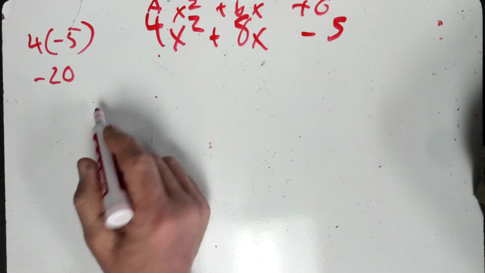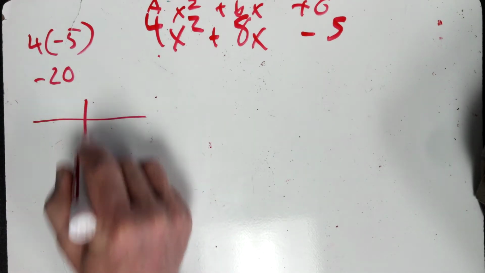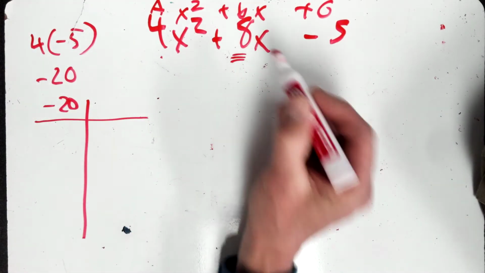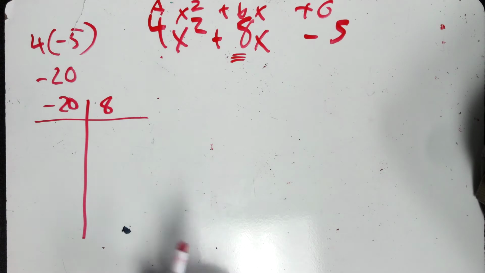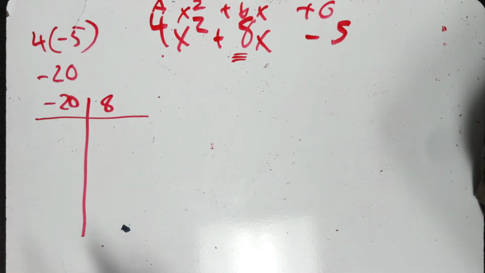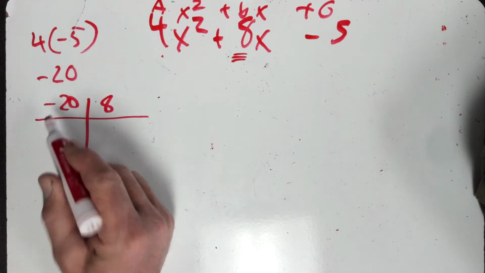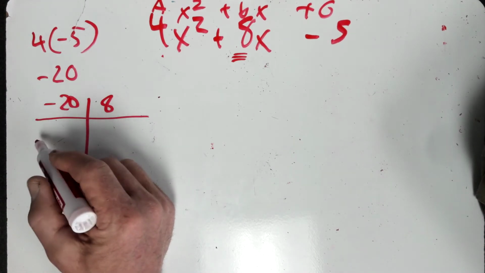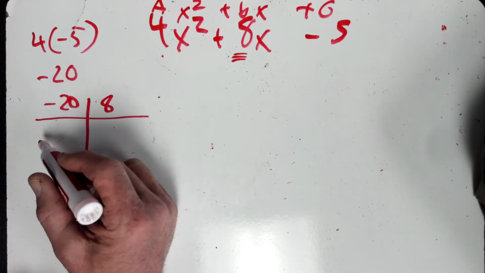Then our job is to find factors of -20 that add to b, so that add to 8. And this negative is very important because if it's negative, then the signs of the 2 factors have to be opposites.